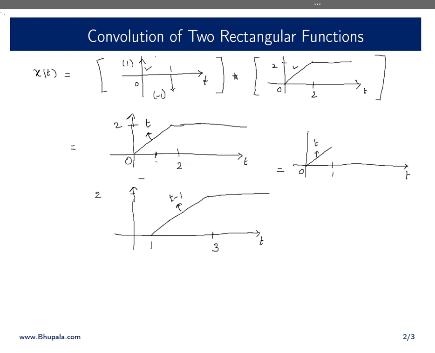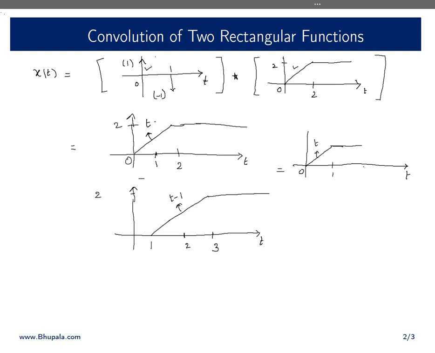Then from 1 to 2, the equation of this straight line is t, and the equation of this straight line is t minus 1. So t minus (t minus 1) would be plus 1, so t gets cancelled out, and minus of minus 1 would be plus 1, and this continues till 2.